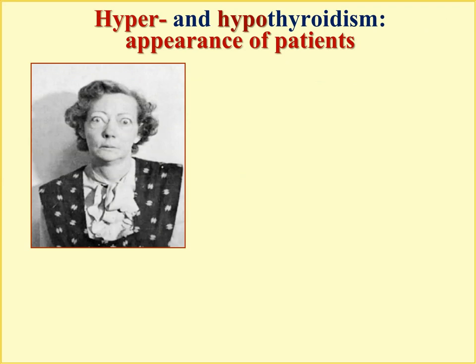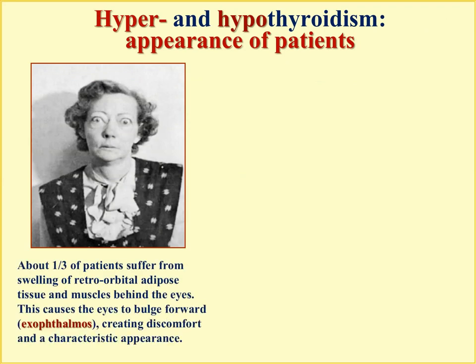First case, I can observe here exophthalmos. Not necessarily every patient may have this exophthalmos, but one of 3 patients on average suffers from this. This results from swelling of the adipose tissue behind the eyeballs, retroorbital adipose tissue, and eyeball muscles.